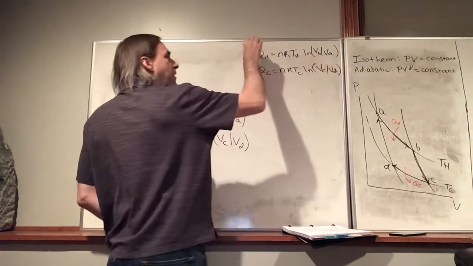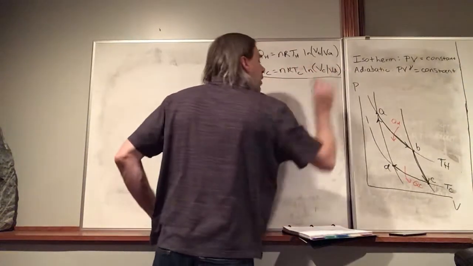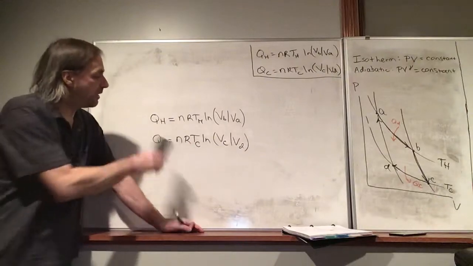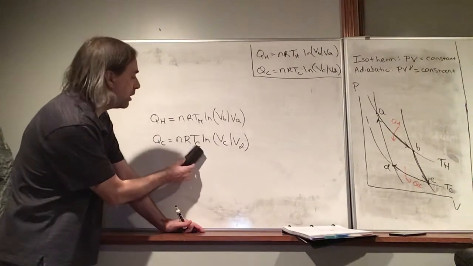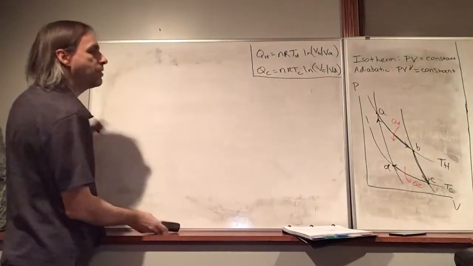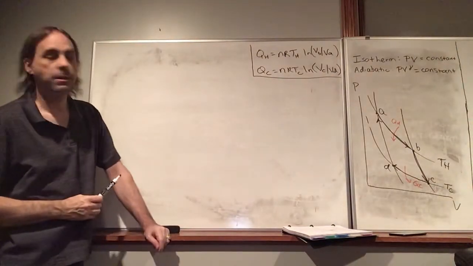Okay, so this was from looking at the two isotherms. And so I'm going to erase this. Let me just double check, make sure. Yeah, that looks good. Okay, so now we're going to look at the adiabatic processes.